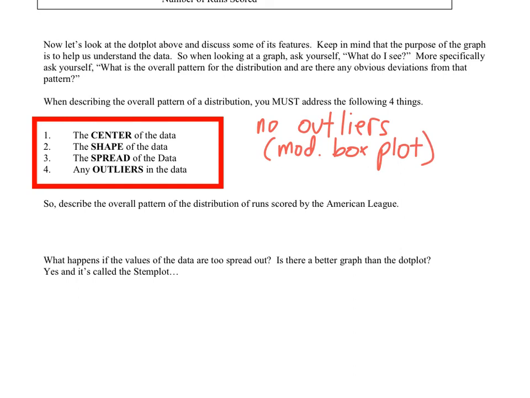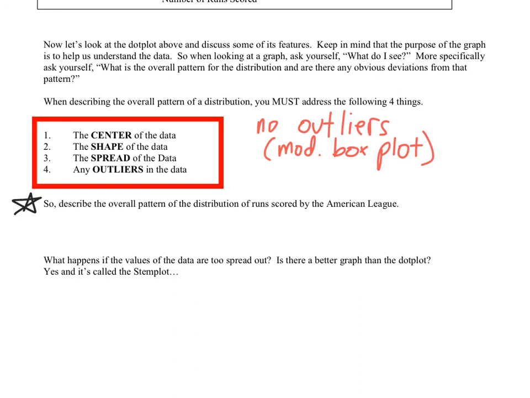What I would like you to do, and this is the only thing I want you to do for homework, is address this one question: describe the overall pattern of the distribution of runs scored by the American League.